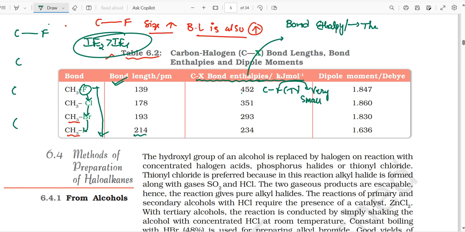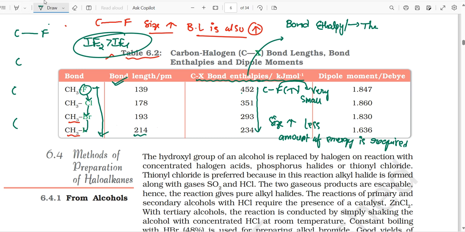That's why a high amount of energy is required to remove an electron from the outermost shell. From top to bottom, the size increases, so less energy is required. Why?